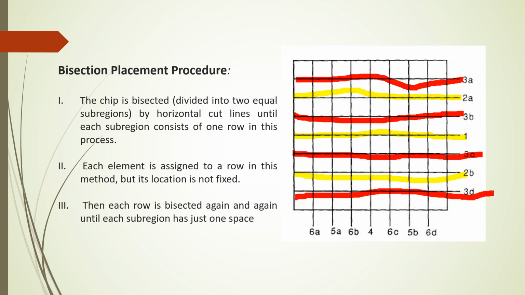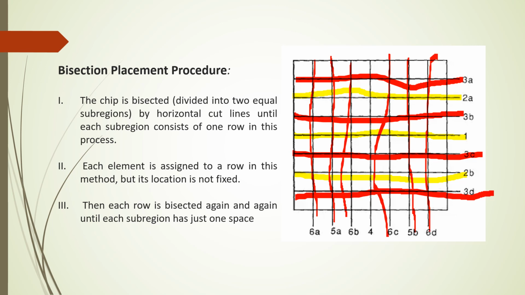So after finishing this, we again divide the placement into further bisections like 5A, 5B, and for the division 6A, 6B, 6C, and 6D.